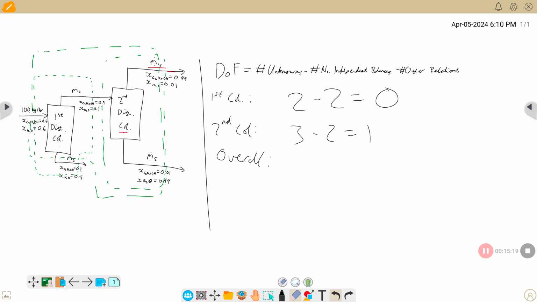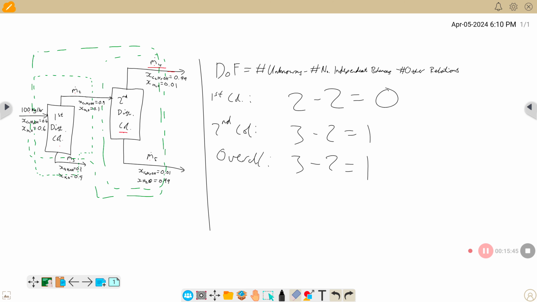The only one we disregard here is M2, right? Because M2 is inside our system. So the unknowns that we have here are M3, that's leaving our system, M4 and M5. So we have 3 unknowns there, and then again we have 2 independent balances, 1 for ethanol, 1 for water, and that leaves us one degree of freedom.